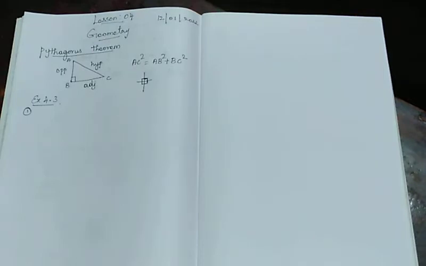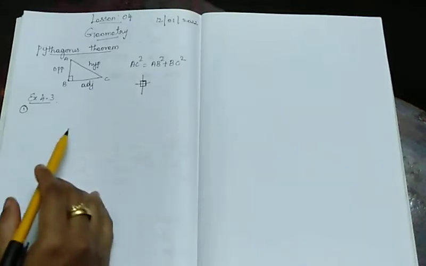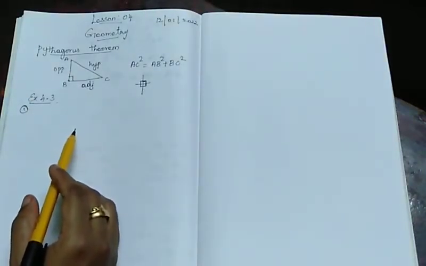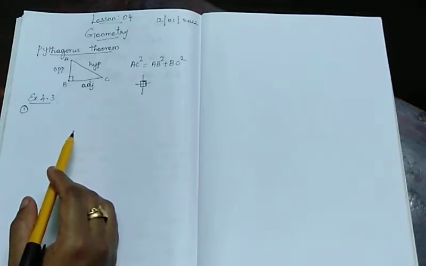Please take your book and refer to it while I read the question. The diameter of a circle is 52 cm and the length of one of its chords is 20 cm. Find the distance of the chord from its center.